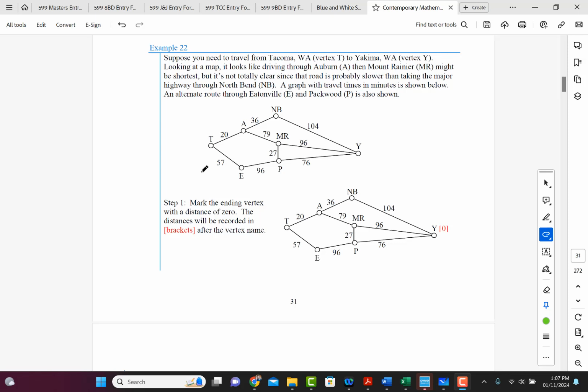A graph with travel times in minutes is shown below. An alternate route through Eatonville and Packwood is also shown.